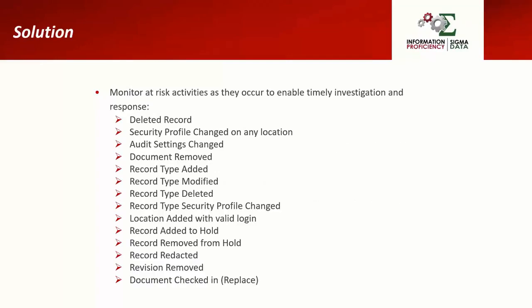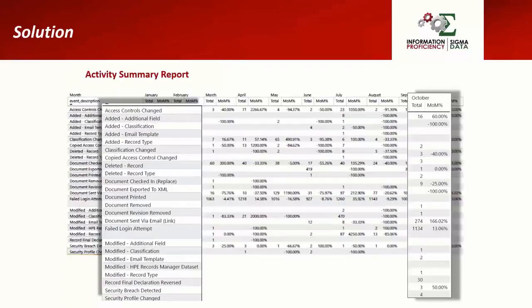Some of the things that you can look for or monitor, I should say, are things like deleted records, documents being removed, a record type being added, modified or deleted, records being redacted, revisions being removed, and documents being replaced.